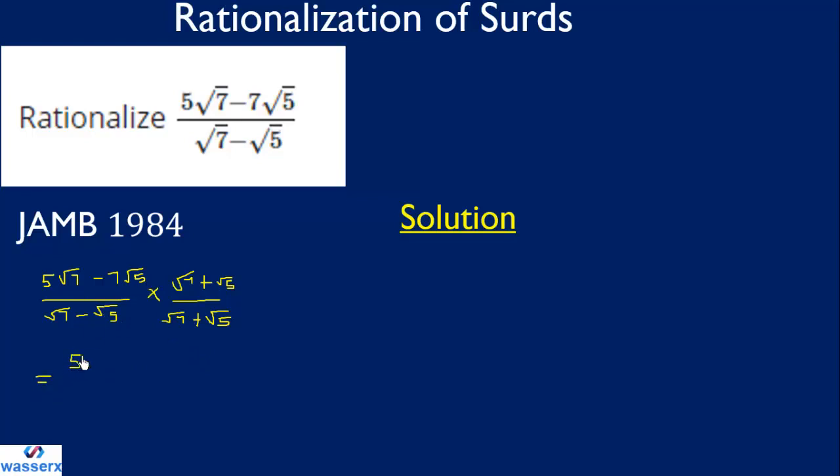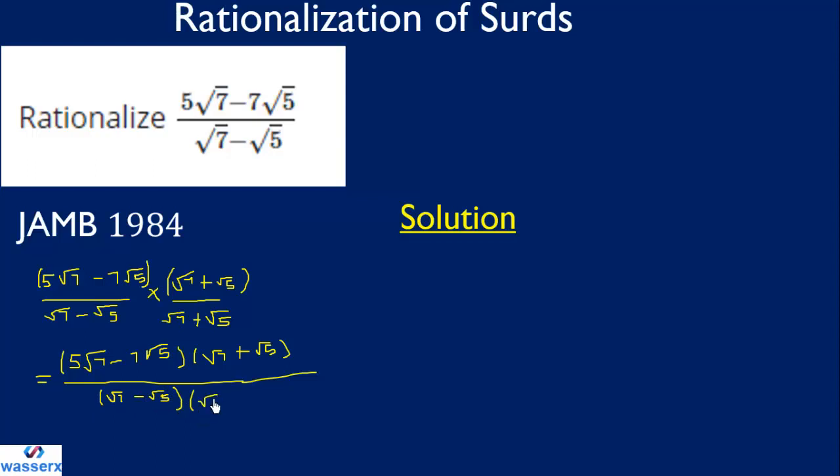Now we multiply out. So this is multiplying out all of this. So 5 root 7 minus 7 root 5, multiplying root 7 plus root 5, all over root 7 minus root 5, multiplying root 7 plus root 5.